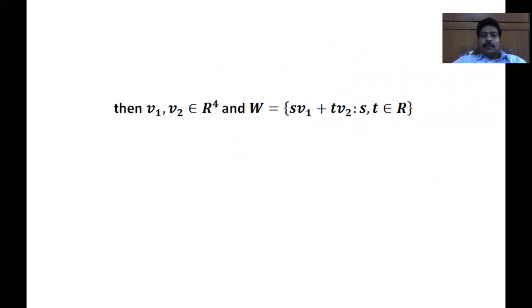So now W is the set of s v1 plus t v2, such that s, t belong to R. So we can write it as span of v1, v2.